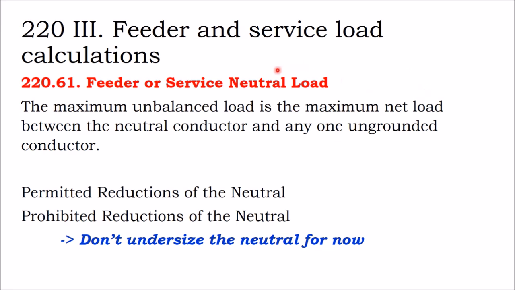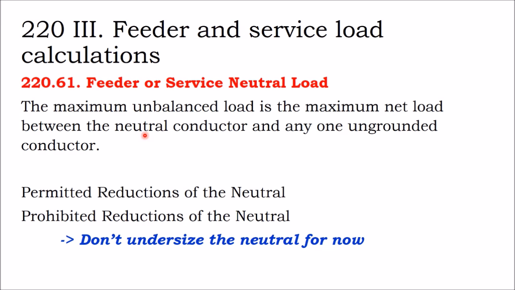If the maximum size of the neutral conductor is the maximum net load between the neutral and any one ungrounded conductor, all the other loads could be off, and that one ungrounded conductor is at its max load, and the max load would be the potential difference between the ungrounded conductor and the neutral conductor. That would mean that the neutral conductor would have to be the same size as the ungrounded conductor.